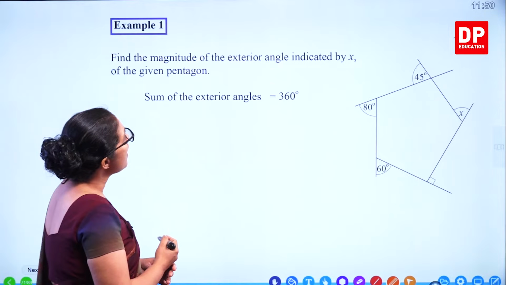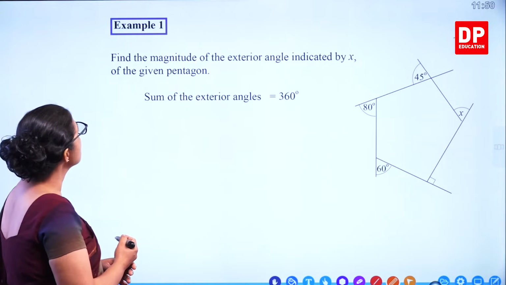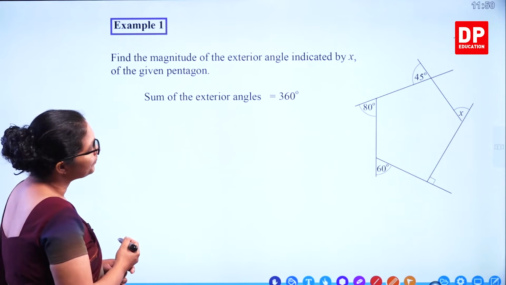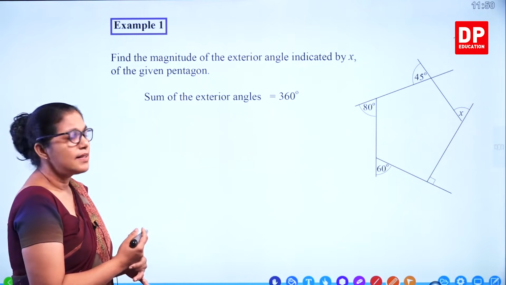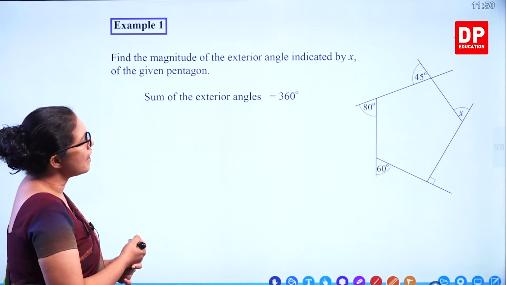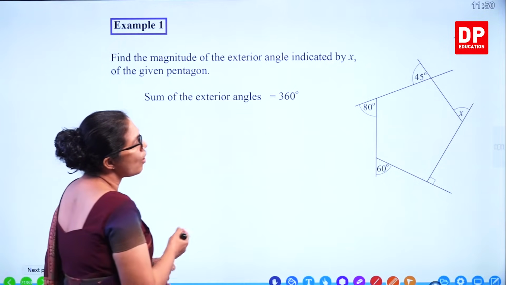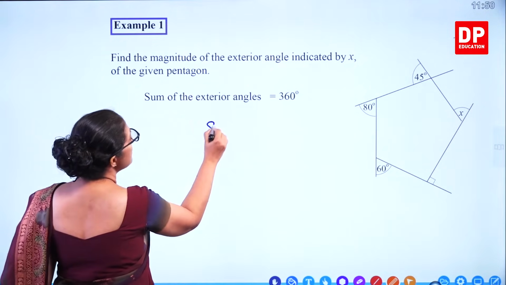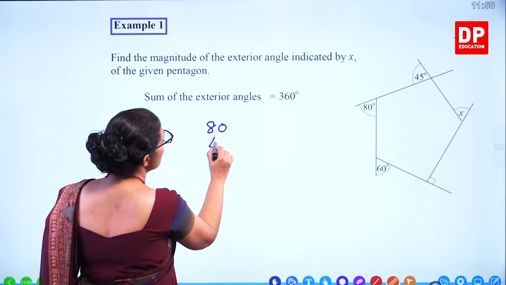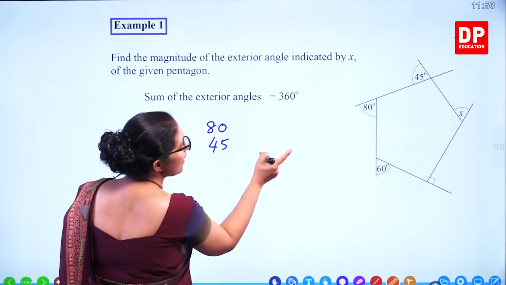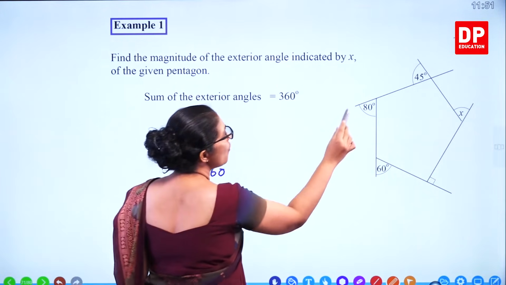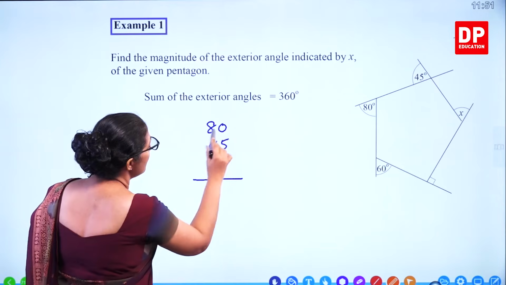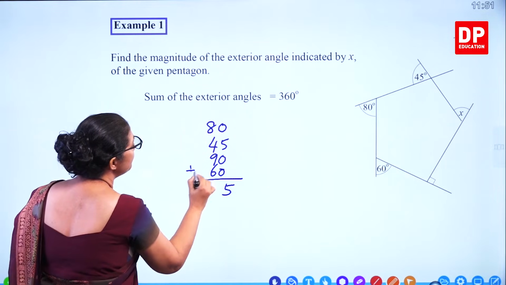Example number 1. Find the magnitude of the exterior angle indicated by x of the given pentagon. This is a pentagon. For any polygon, the sum of exterior angles is 360. So we'll add all the other angles: 80, 45, 90, 60. So 4 angles. Add them together.